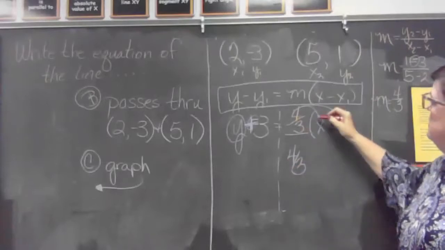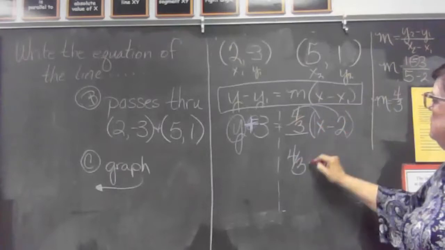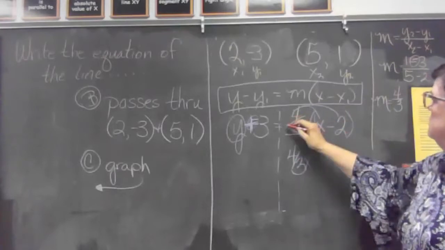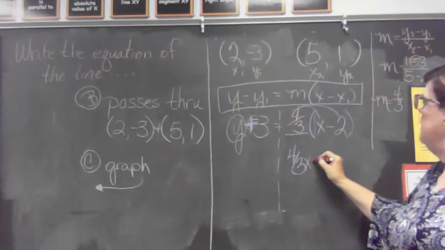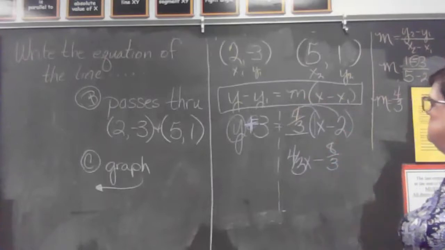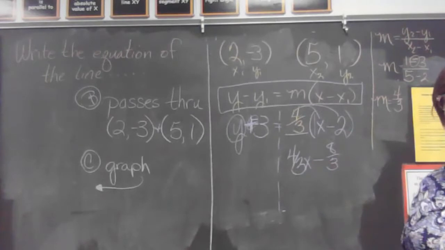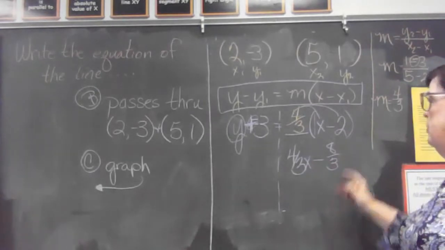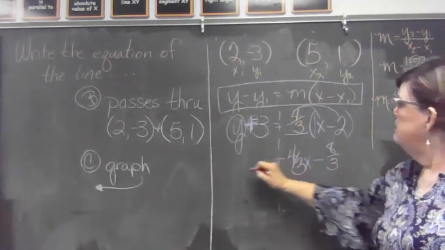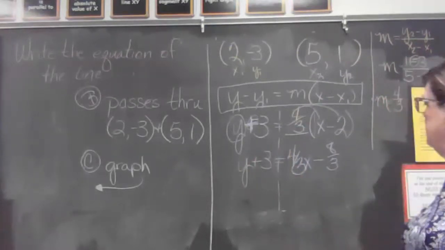And since I'm taking it times 1x, 4/3 times 1 is 4/3 and then minus 8/3. See, y'all, the equation of a line isn't always pretty, whole numbers. It's just whatever it is. And this is y plus 3, okay?